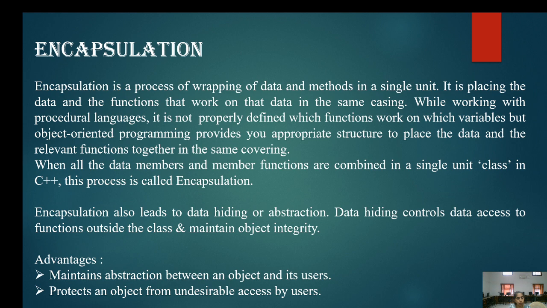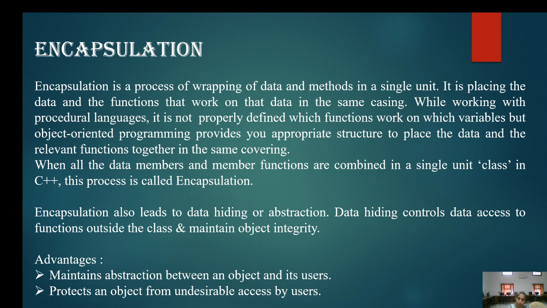Abstraction is possible because of classes, because the operations are defined within a class. Why? The class interface just tells us what the class actually does. Next thing, data hiding. Data hiding controls data access from functions outside the class and maintains object integrity. Due to classes, we can define the setting of the data.